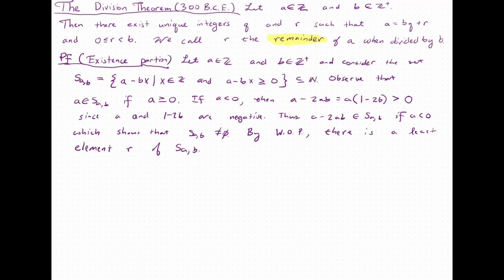So r, being in S(a,b), tells us that r is equal to a minus b times x for some integer x, and I'm going to call that x q.